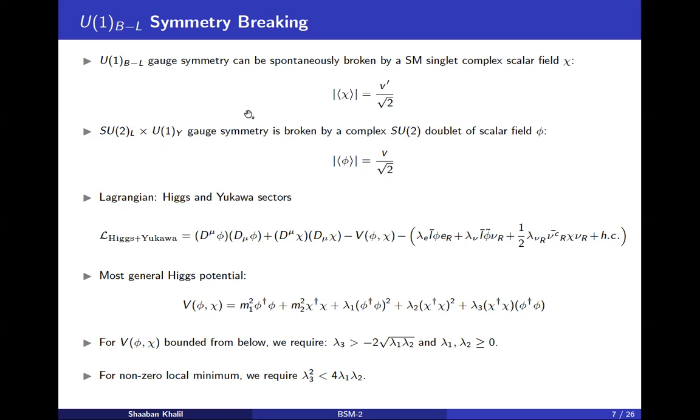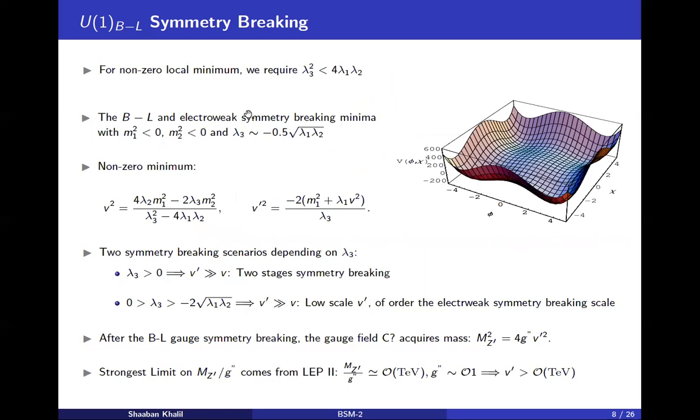This is, in fact, done in this kind of minimization of the potential in Mathematica. I take V of phi and chi, and you will see that the vacuum expectation value v and v prime are quite related. Here is v prime in terms of v, but you could also write v in terms of v prime. But the idea is that you can work it out to make v prime TeV scale and v 100 GeV.